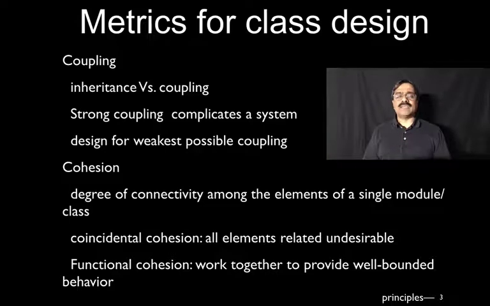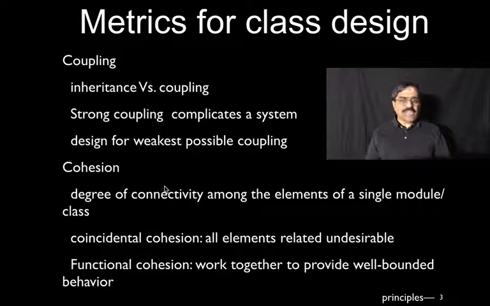So inheritance increases coupling, and that is one of the disadvantages of inheritance. So we've got to use it very judiciously. We talked about inheritance versus delegation in other presentations, but the point really is that we have to be very careful in how we come up with these kinds of dependencies. So when it comes to coupling, we want to avoid strong coupling and move towards loose coupling, and we have to design for the weakest form of coupling as much as we can.